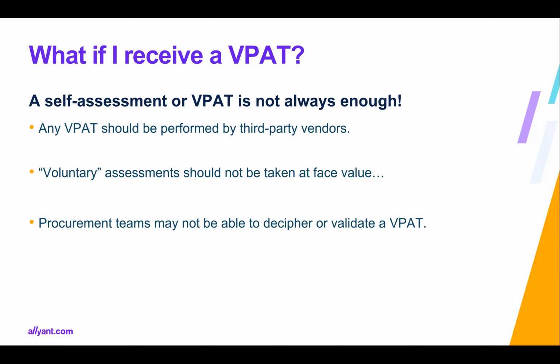At the University of Montana, what we actually did was we gave VPATs a score. So depending on how you responded to each of the individual success criteria, different success criteria were weighted differently. And then depending on how you responded, support, partially support, does not support, you would get a score on that. And ultimately, that score gets tallied up at the end and it gives an overall score for the VPAT that you can then use to compare different VPATs of different products.